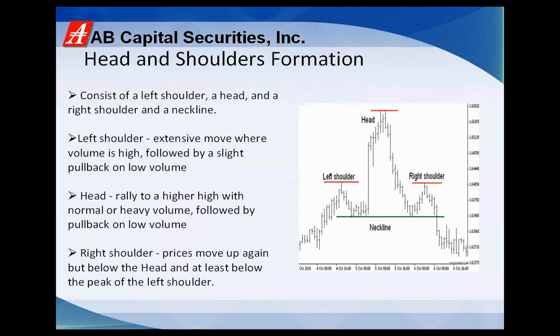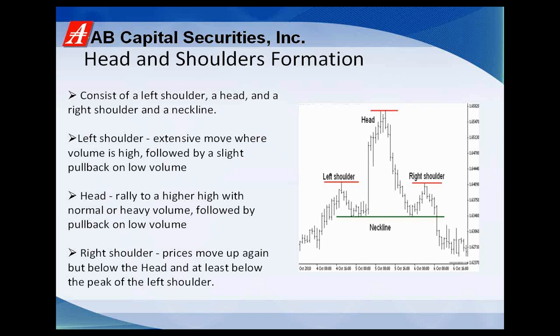Upon correction, the stock would rally again and form a higher high, which would eventually be the head of this head and shoulder formation. And again, the volume for the head could either be just a normal volume or also heavy volume. But the correction after reaching its peak would be on very low volume. And the head would find support again on the same neckline area where the left shoulder found its support level.